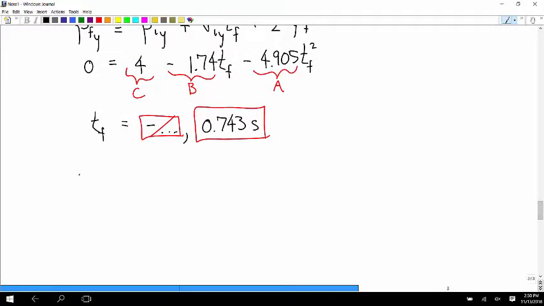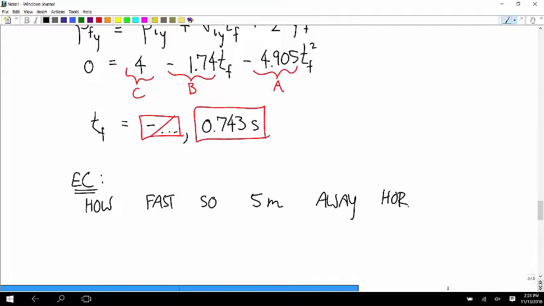So the extra credit part said, how fast would it have to be launched in order to hit the ground 5 meters away horizontally? So how fast so that it's 5 meters away horizontally when it hits the ground?